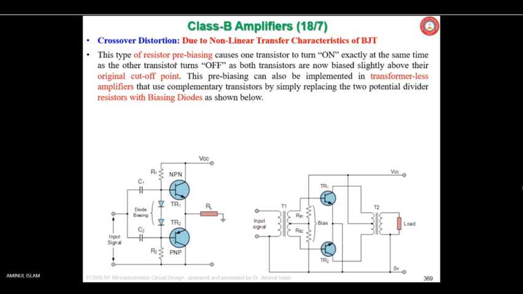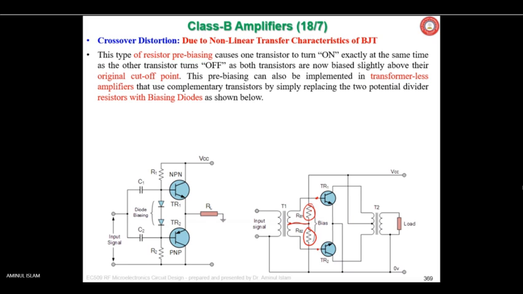This crossover can be eliminated by using a voltage divider kind of resistor arrangement. VCC is tapped here, and some voltage is available at the base that may be equal to the cut-in voltage, 0.5 volt or so.